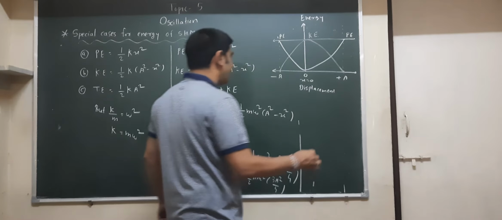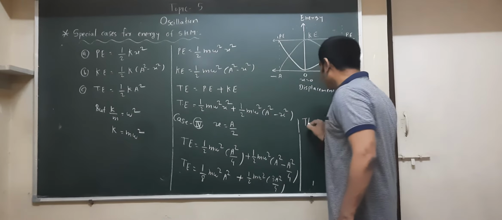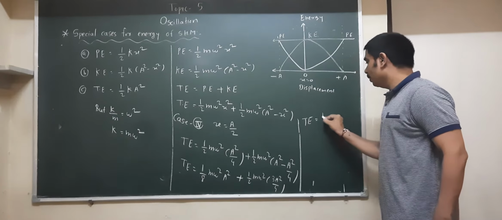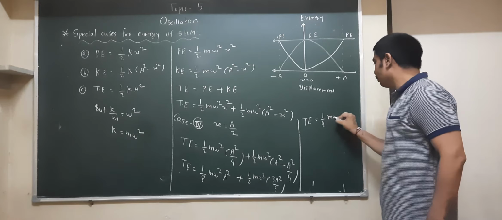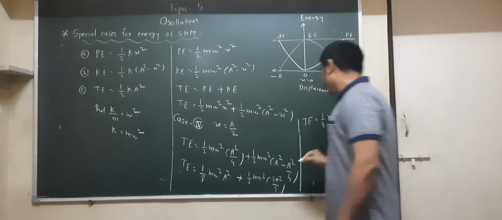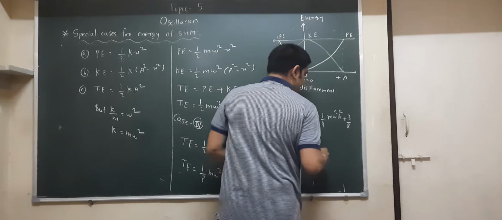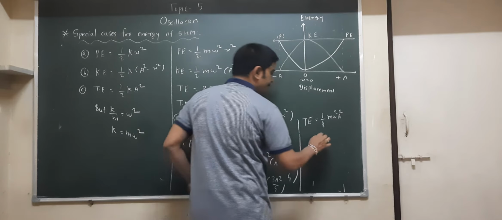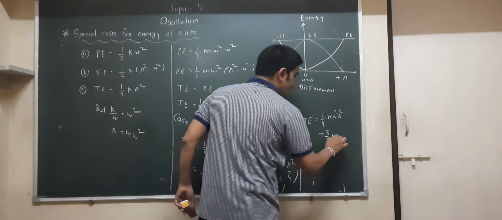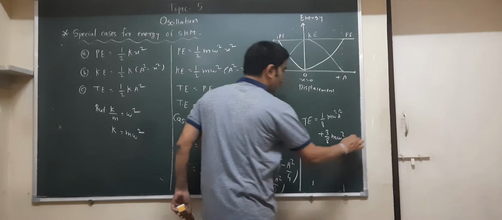If we add, we get the total energy equal to 1 upon 8 m omega square a square plus 3 by 8 m omega square a square.